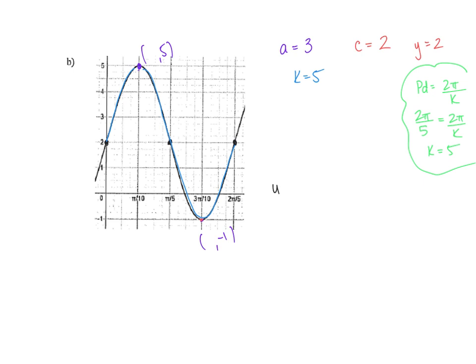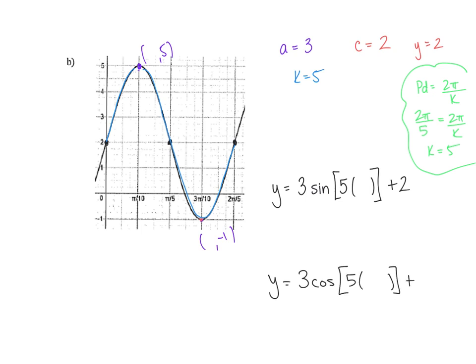So we have 3 sine. I know I'm going to have a 5. I may or may not have a shift left or right, and then I have a shift up 2. Cos, same thing. So those are those key pieces of information that will fill in both spots of my graph.